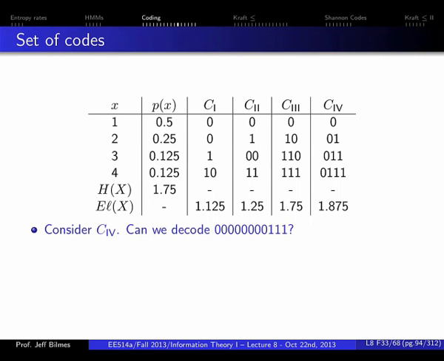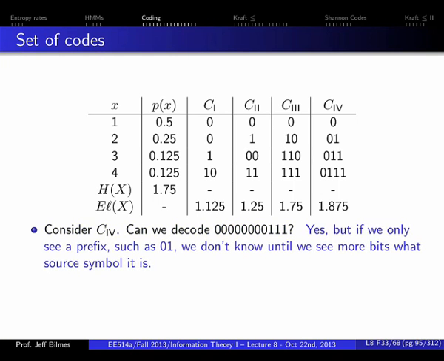Okay, only if we see a prefix like 0, 1, for example, we don't know until we see more bits what that code word is.